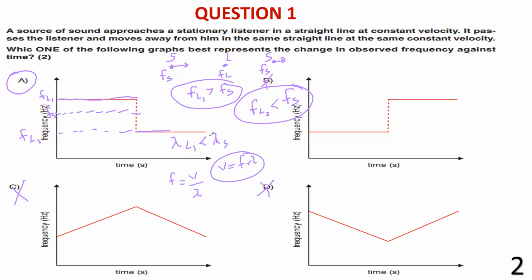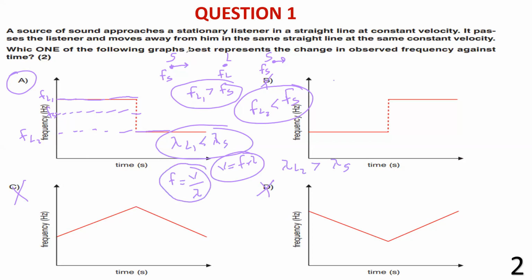If they ask the same question with wavelength, your answer is B, because in the first case the wavelength is smaller than the normal one, and in the second, wavelength 2 is more than wavelength S, because of the frequency and wavelength formula.